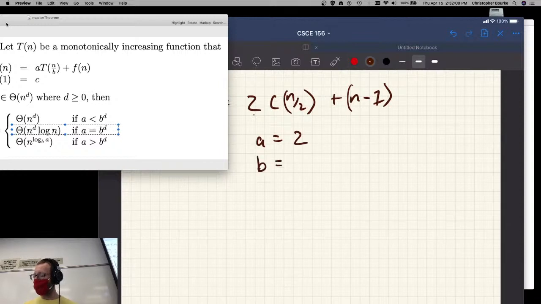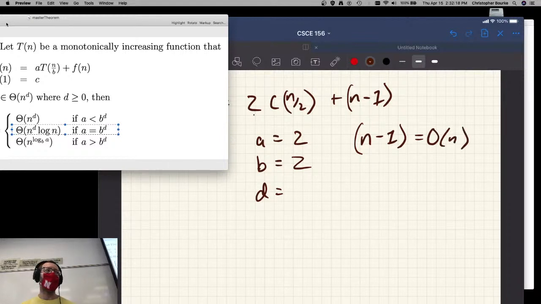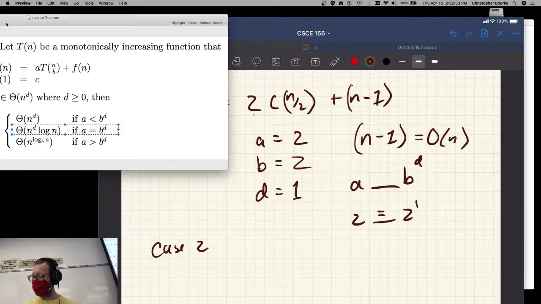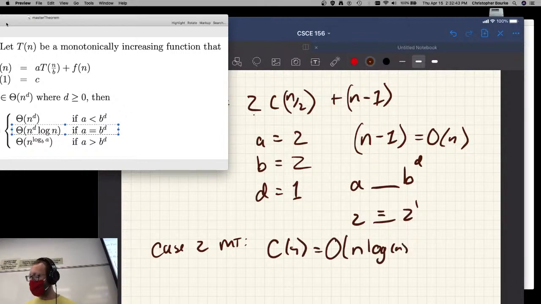B is 2. And D is, well, n minus 1 is order what? N. So what's my D in that case? 1. A versus B to the D: 2 versus 2 to the first. They are equal. And so yet again, by case 2 of the master theorem, we have that C sub n is order n to the D, which is 1, so I won't write it, log base 2 of n.